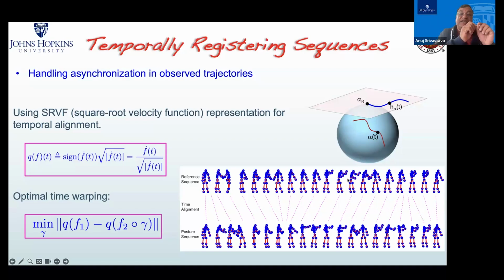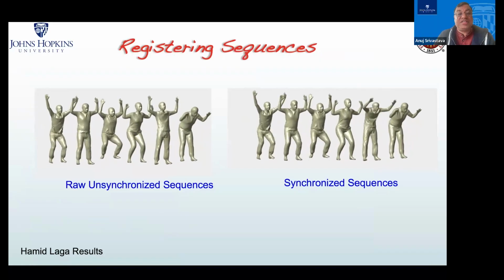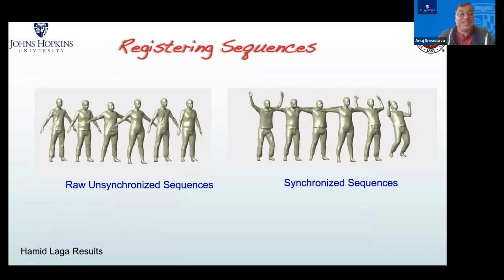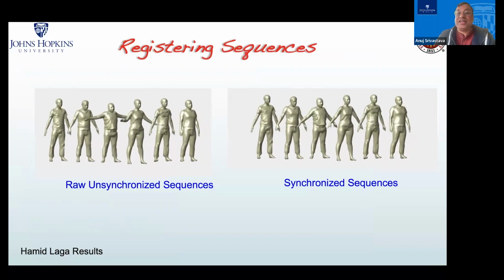Just like I aligned scalar functions earlier, I showed you COVID data, in the same way, we align shape sequences. And we have tools for that. Again, very solid tools, not much human intervention. And here is an example. On the left are shape sequences of a person performing activities that are not aligned. On the right, we have them after alignment.